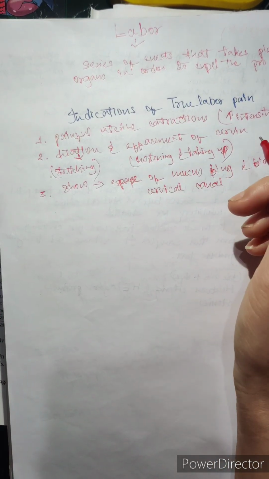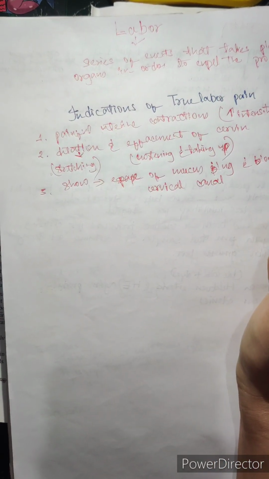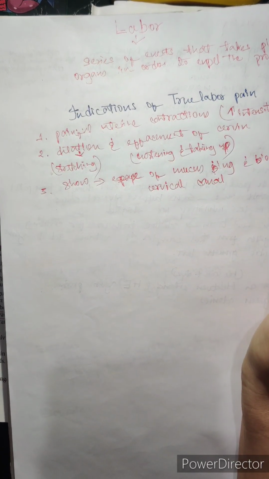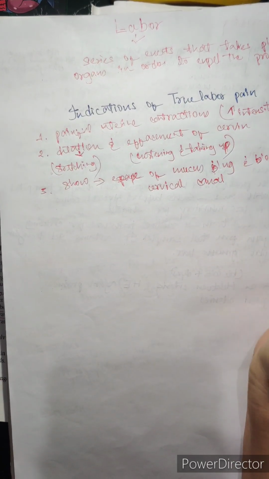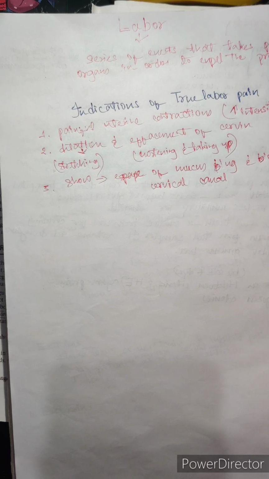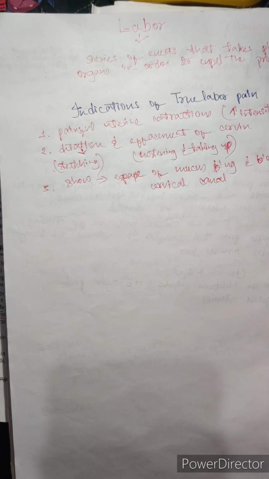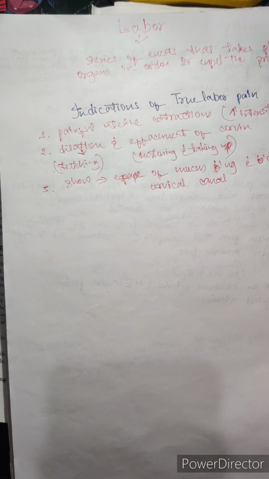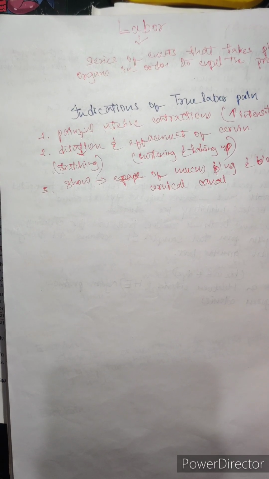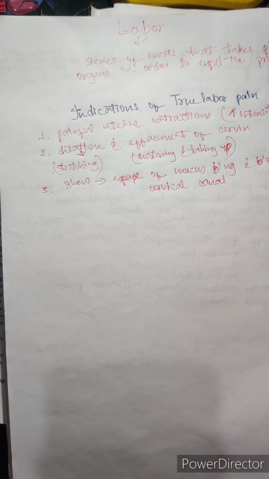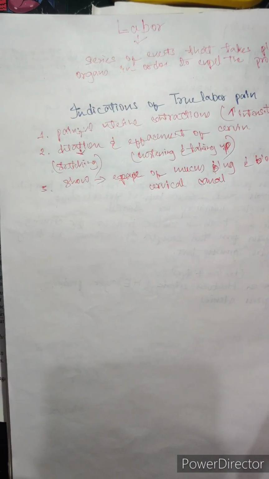During the whole gestational period, your cervical canal is basically plugged or blocked with mucus. Because of this mucus plug, the products of conception do not come out of the cervical canal.